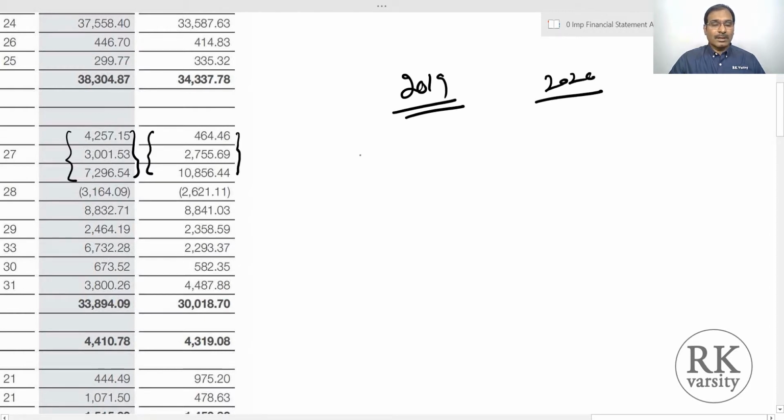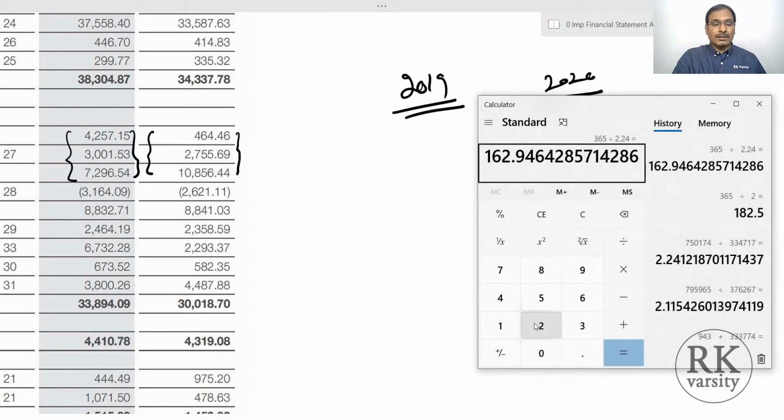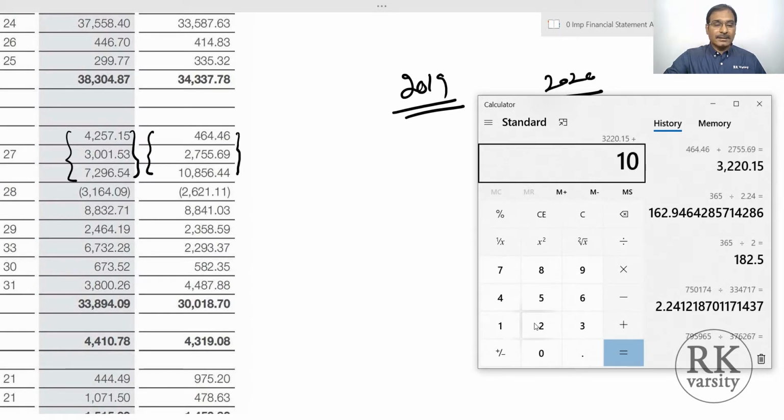So we have to summarize these three to get credit purchases. 464.46 plus 2755.69 plus 10856.44.